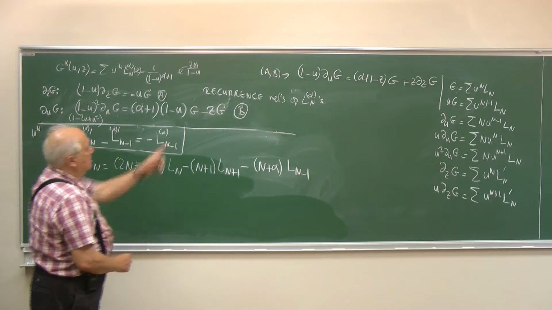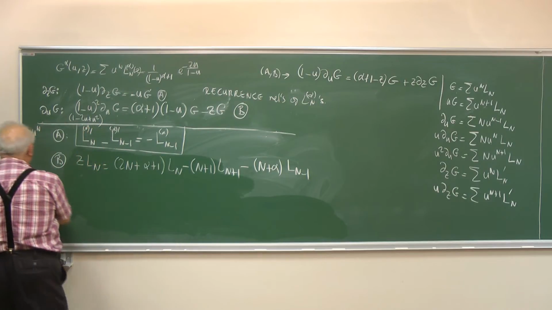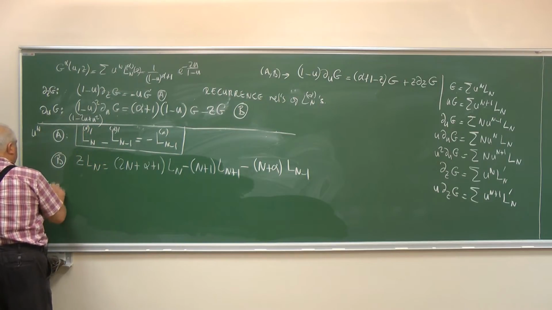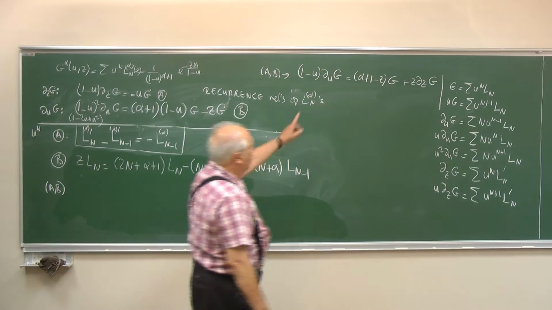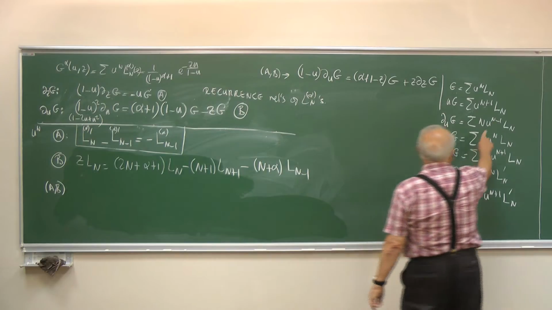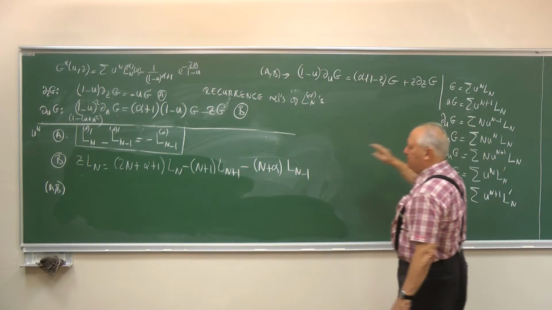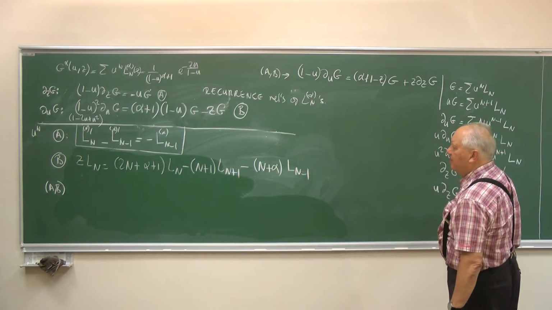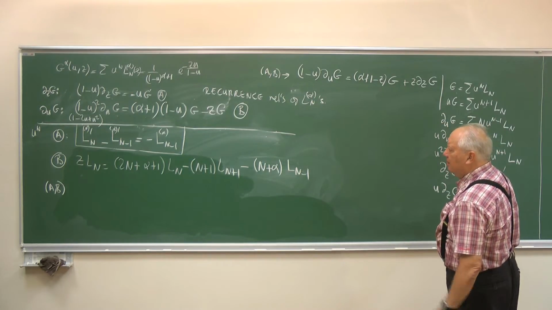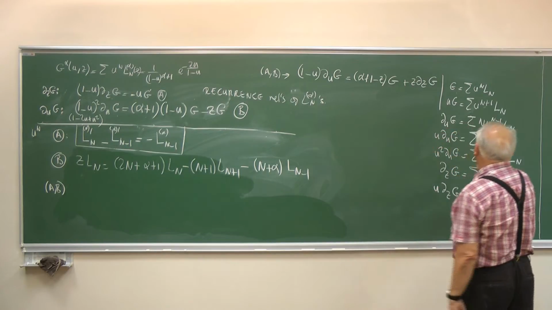All right, we are at the combination AB. DUG. So again, we are looking at the coefficients of u to the n. Just DUG.